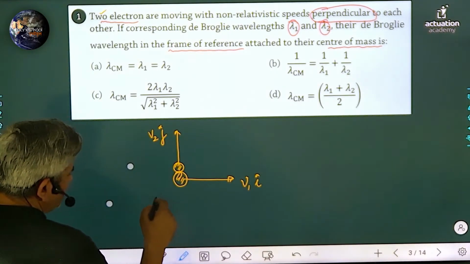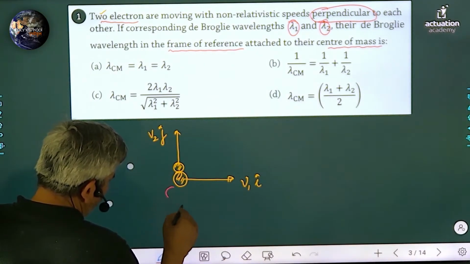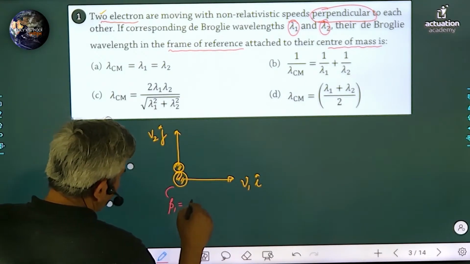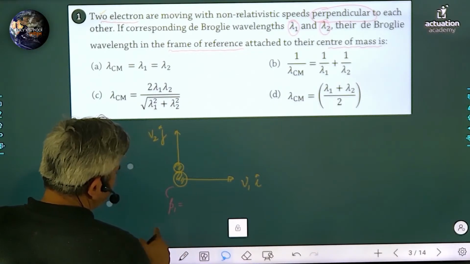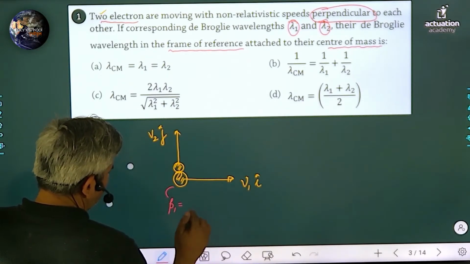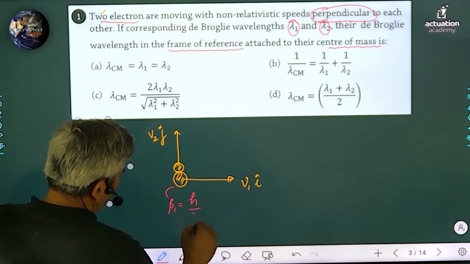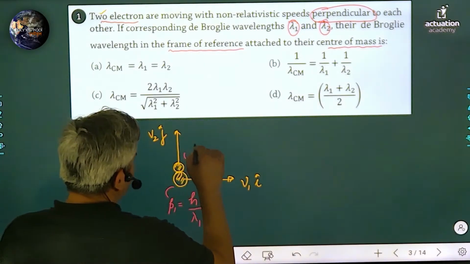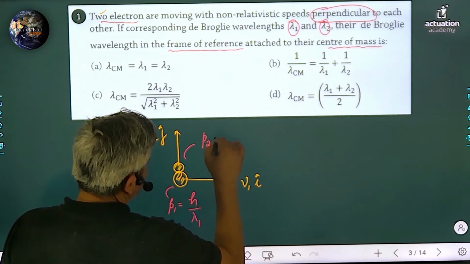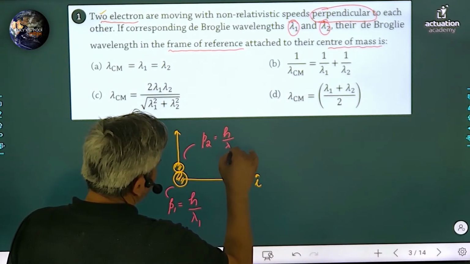Let's say for electron 1, momentum can be written as P1 is h over lambda 1, and for the second we can write P2 as h over lambda 2.